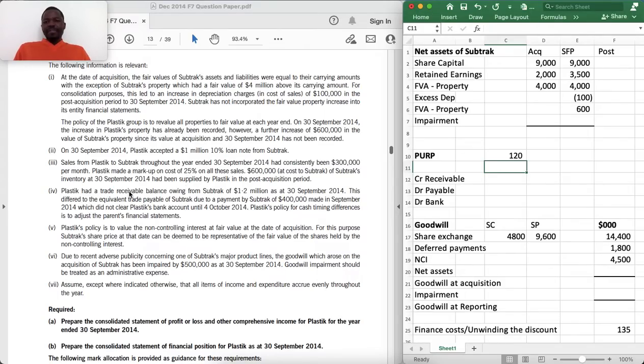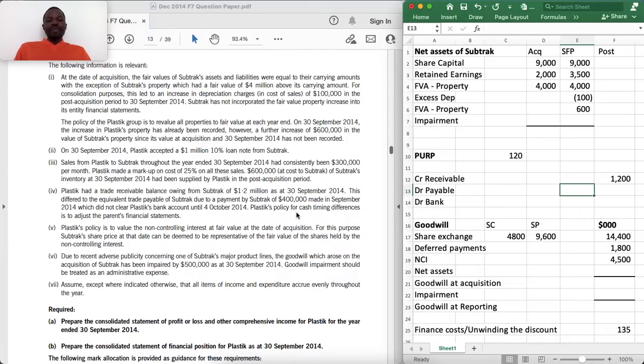Plastik says a receivable balance owing from Sapret of 1.2. This is an intercompany receivable, so we need to credit the receivable. We are reversing the intercompany. This differed to the equivalent trade payable of Sapret due to the payment made by Sapret of 400 made in September, which did not clear in Plastik's bank account until 4 October 2014.